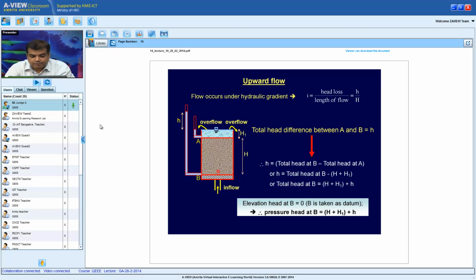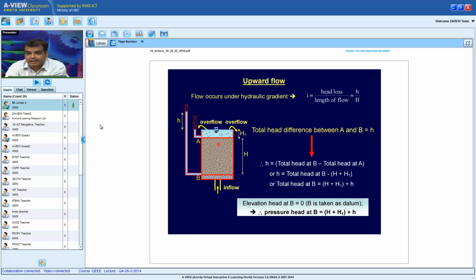If there is an upward flow, what is the total head at A? Following the same analogy, the elevation head at B is 0. B is taken as datum. If this is datum, go up, the elevation head at A is capital H over here. And what is the pressure head?